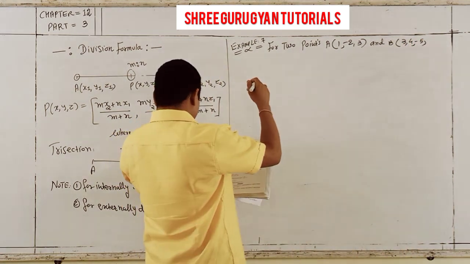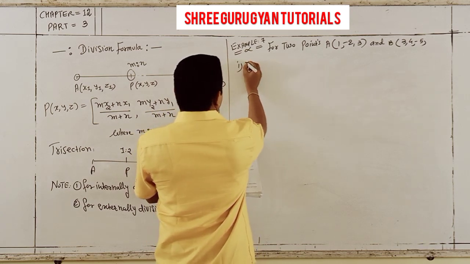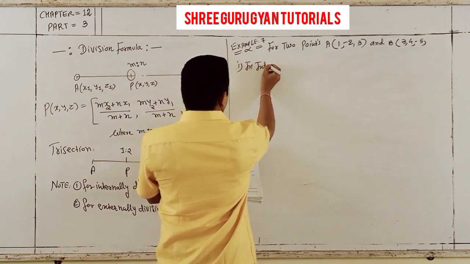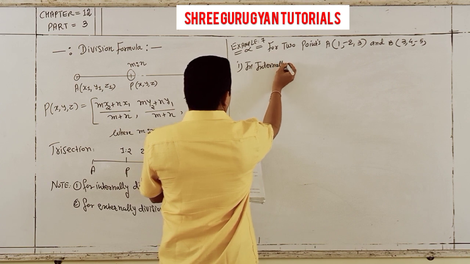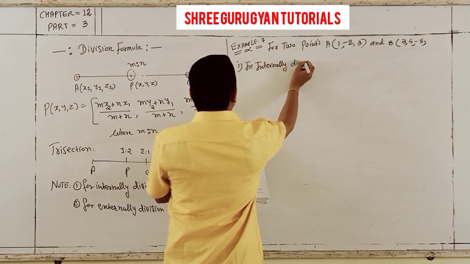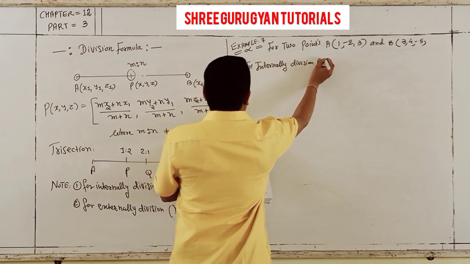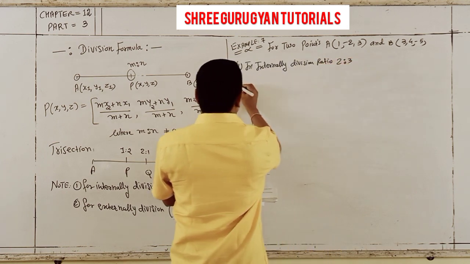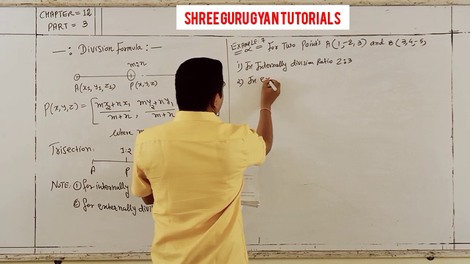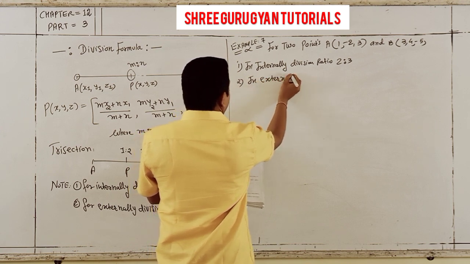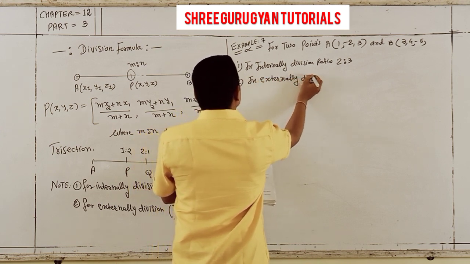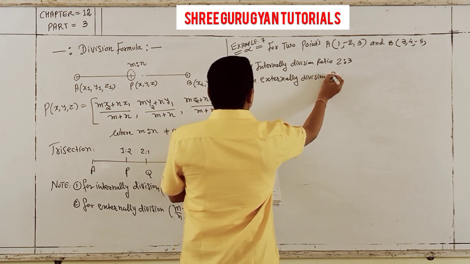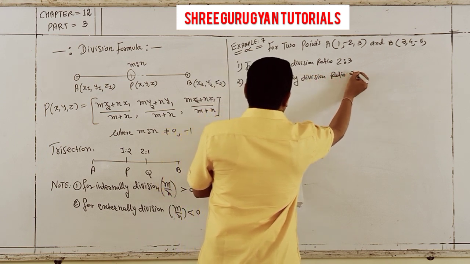Take the points for division internally in the ratio 2:3, and second, the same but externally in the ratio 2:3.